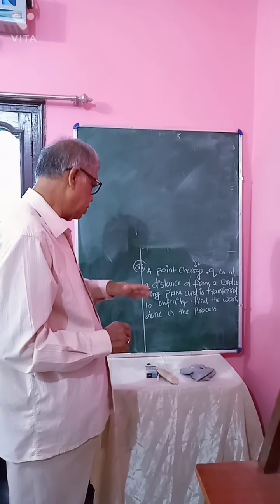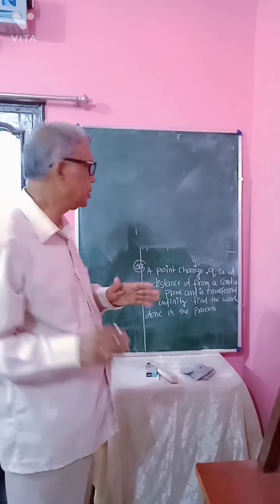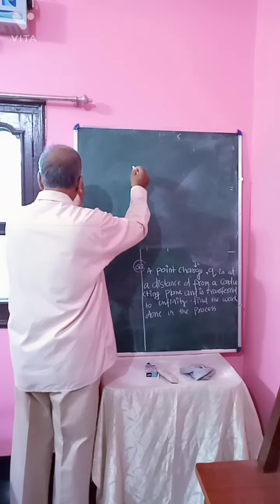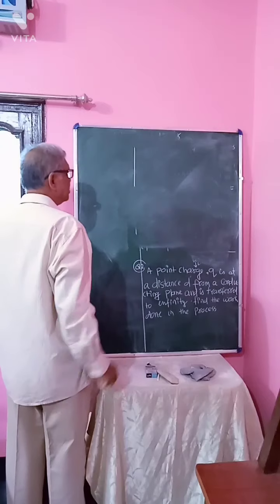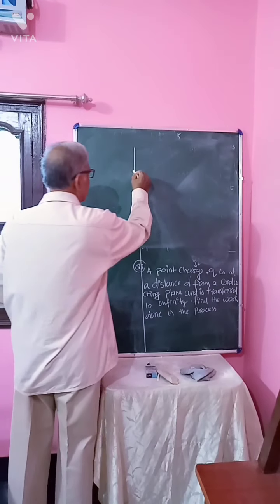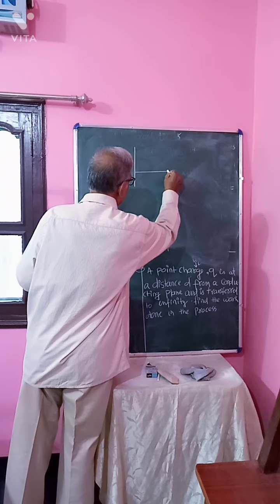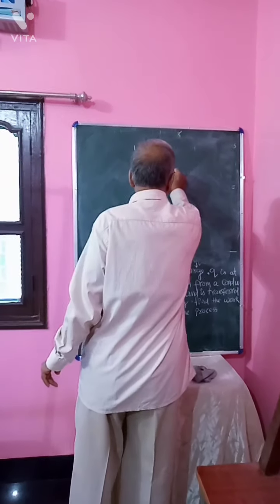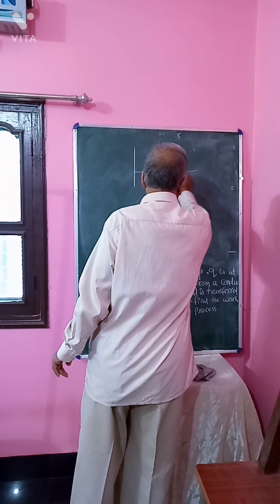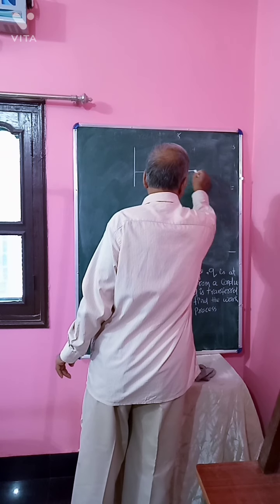Find the work done in the process. This is like this. Say I am drawing a line for the conducting plane and a charge plus Q is here. Assume that this is the x direction or x-axis.